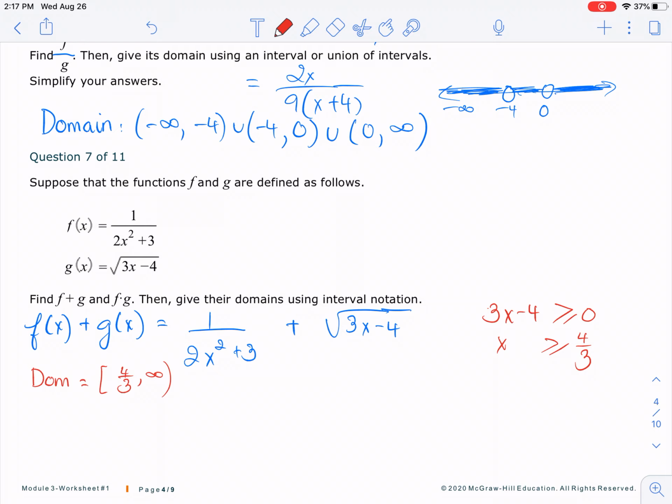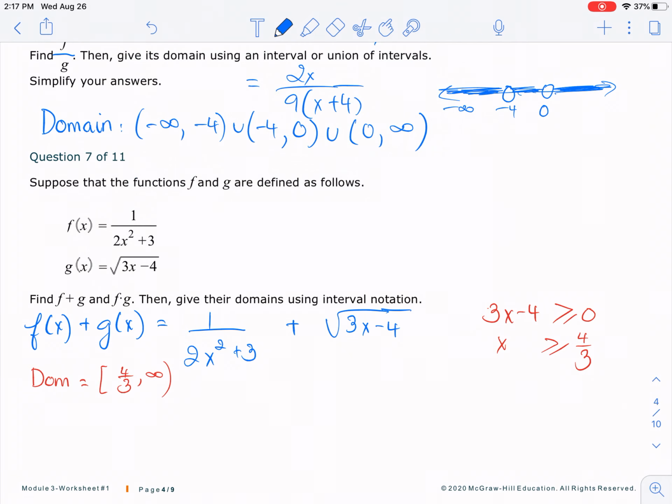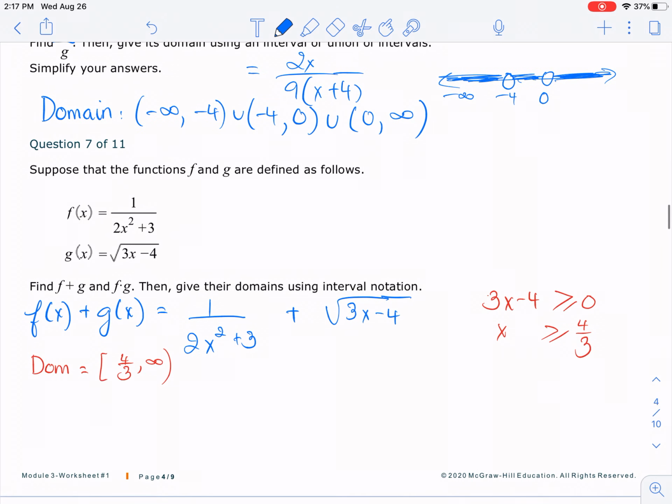All right, for multiplication, we just simply multiply. So if I have f of x times g of x, and I just multiply them together, and that's it.